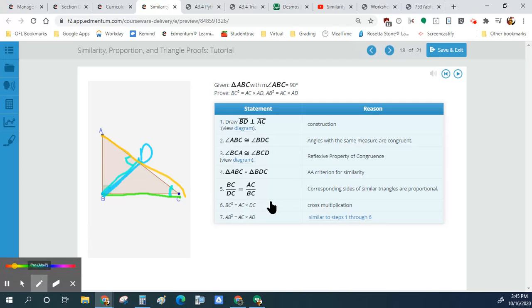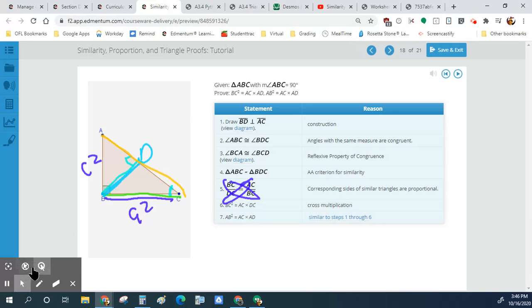So BC would be this side right here. And that's going to help us cross multiply. From that point, we can just cross multiply again for this. In other words, we end up getting this thing where it's this squared and then this squared.